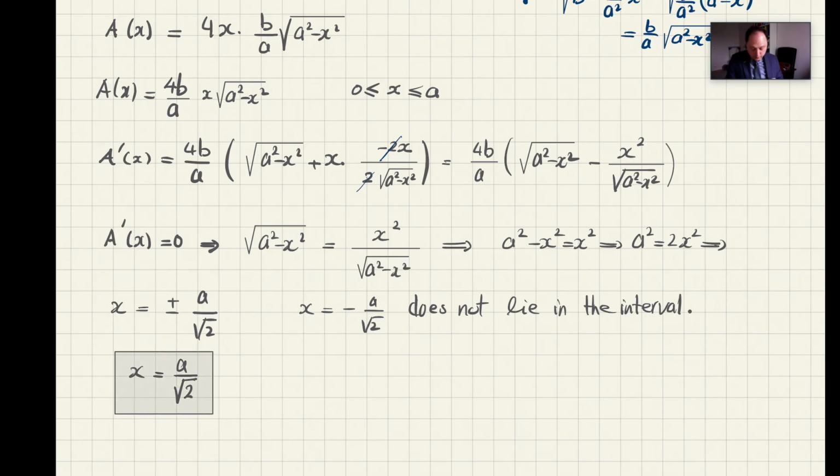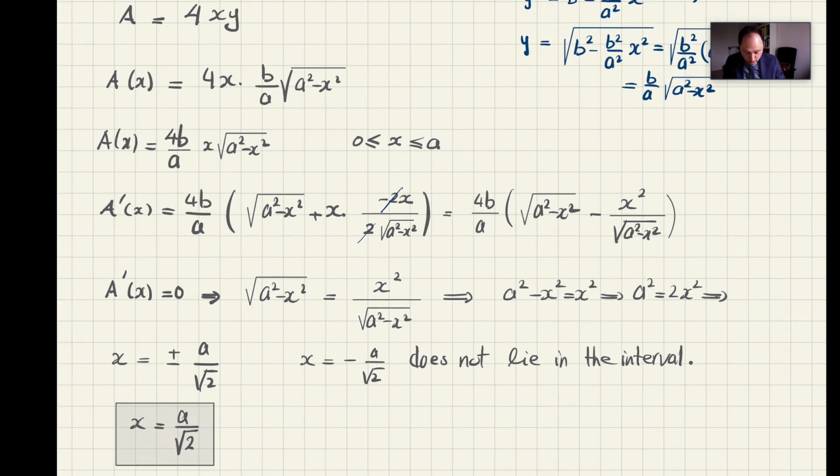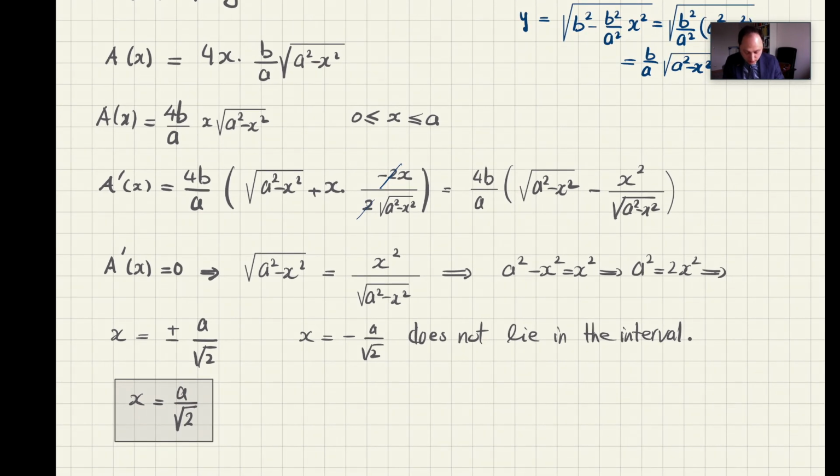Okay, so what we have to do, of course, you need to convince yourself this is the maximum, but you can do it two different ways. Probably you can convince yourself this is the maximum either using the first derivative test or second derivative test, but it is much easier.